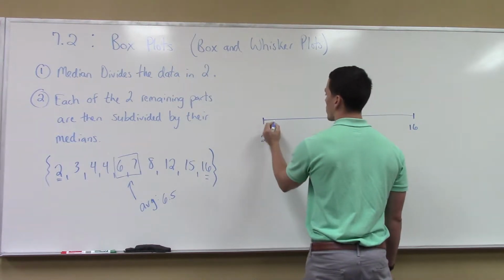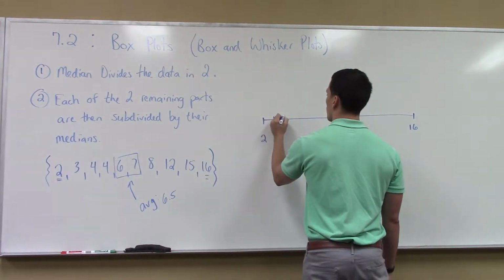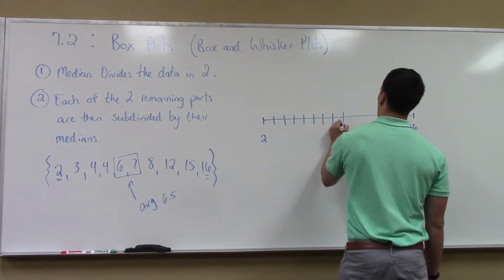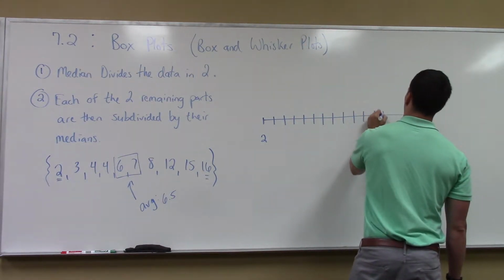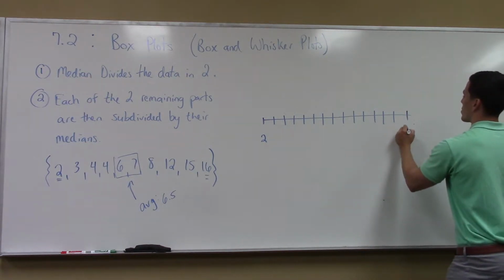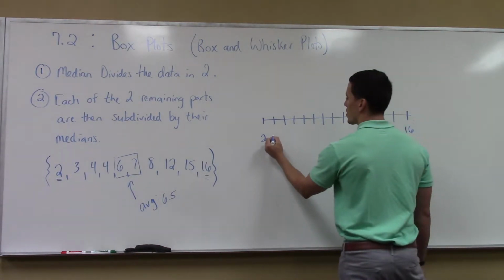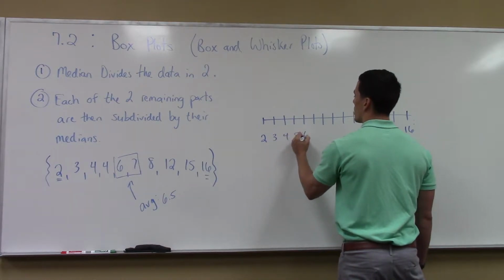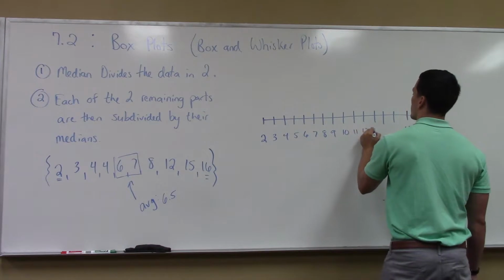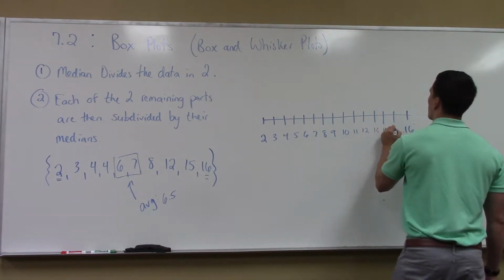Let me see if I can go ahead and divide these off. I'm going to adjust this a little bit so that my scale is good. We'll go ahead and fill these in. If you have larger values, it's definitely not necessary to label by ones.